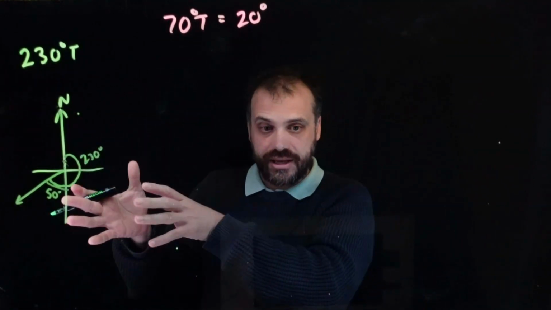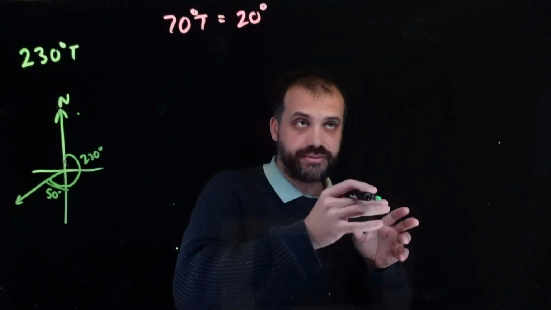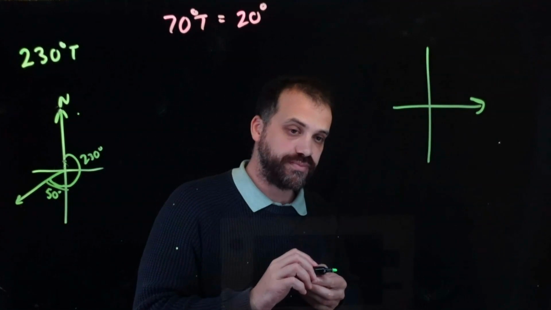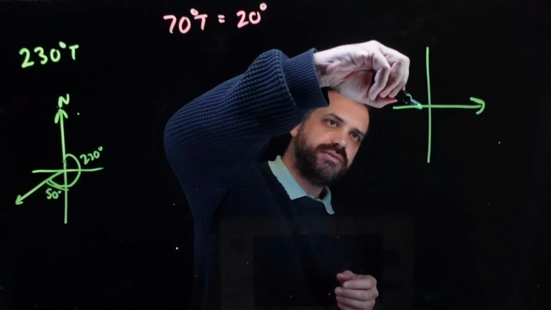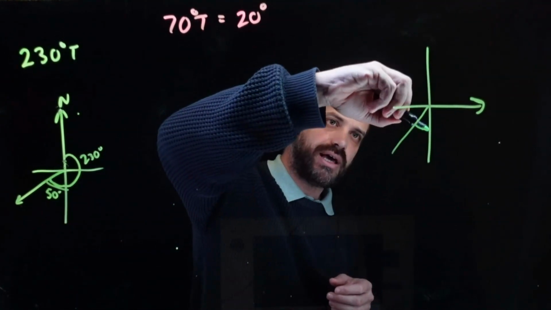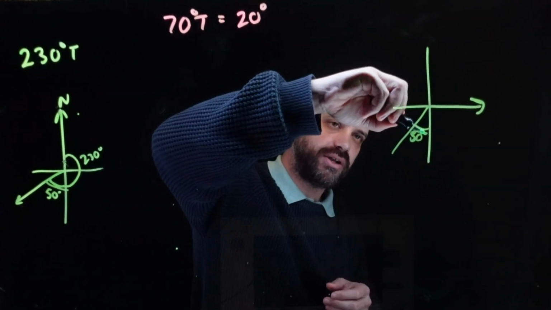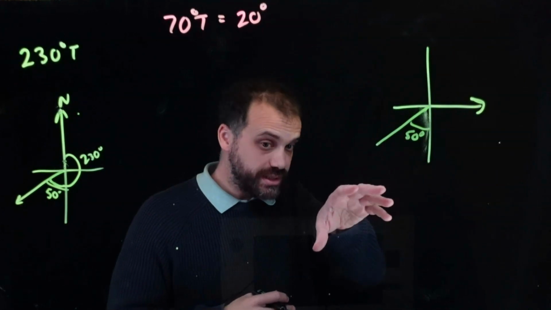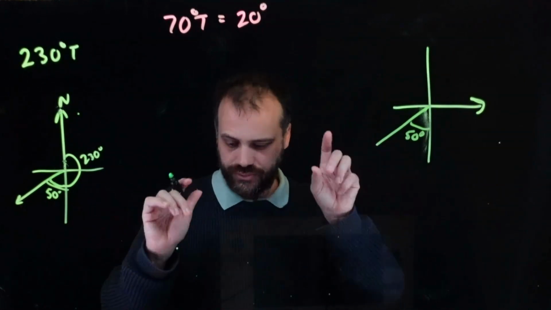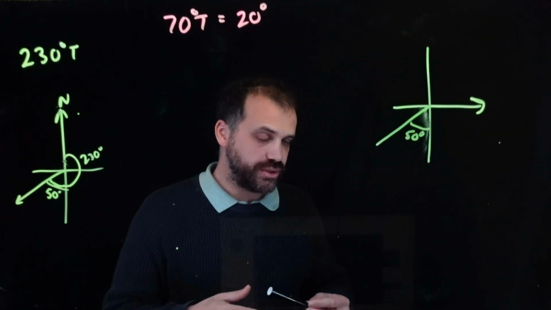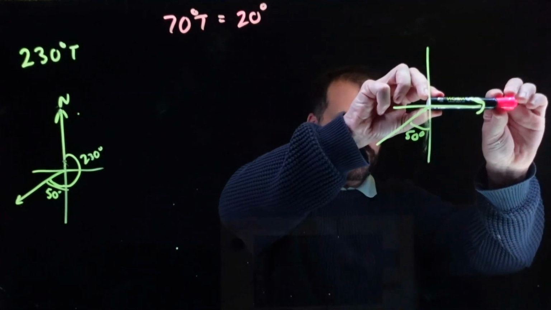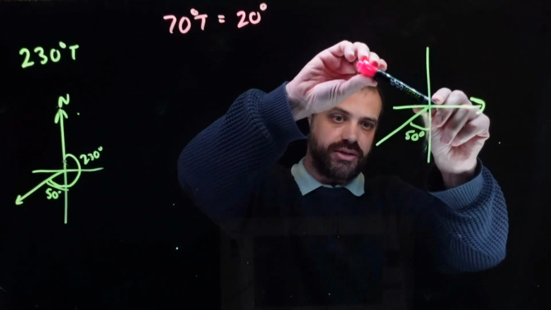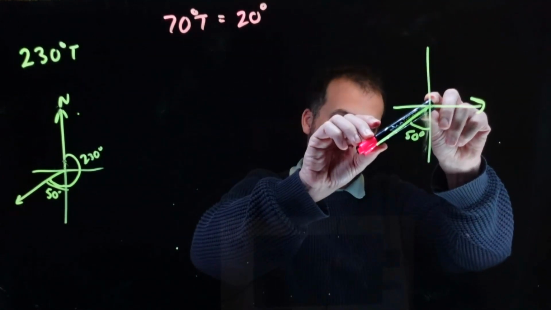Okay, and then we need to take that and convert it to math speak. So again, I draw in my thing with an arrow there this time. I'm going to draw that in, and I'm going to label an angle that I know about. I know 50 degrees. Not a very good drawing. Now that 50 degrees is not the answer, but I just think it's useful. Okay, how would a mathematician do this? They would start by facing this direction and rotating anti-clockwise 90, 180, plus whatever that is.